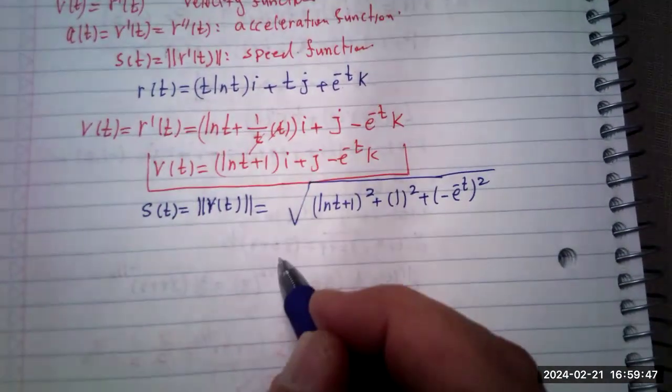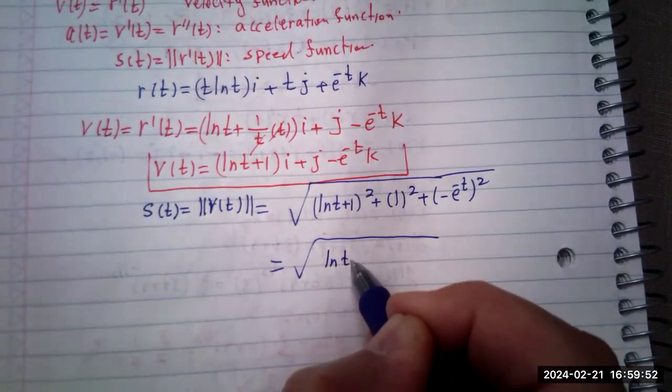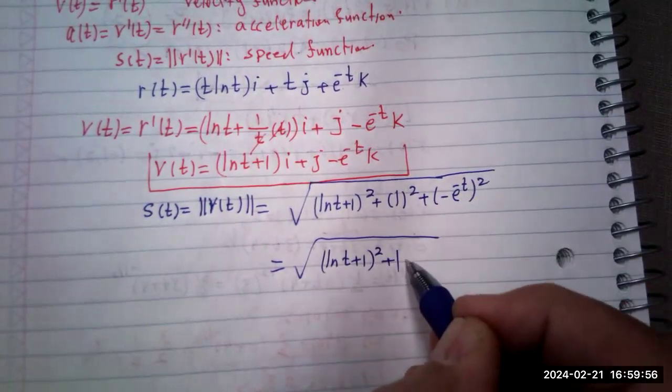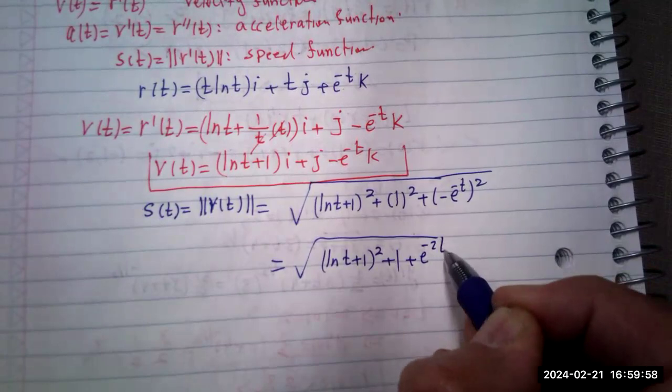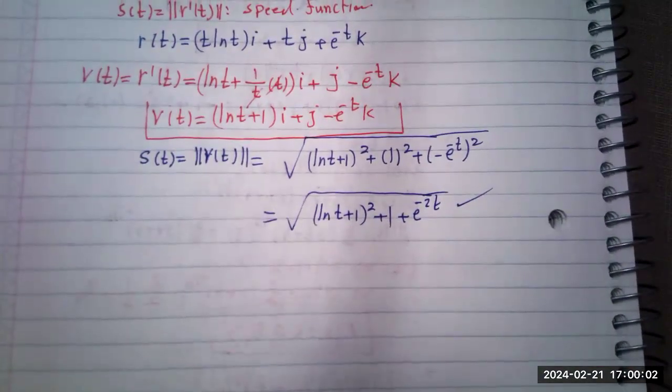If you simplify, it's (ln t plus 1) all squared, plus 1, and you square this one, which gives e to the negative 2t. It would be enough for this one. So that's the velocity, that's the speed.